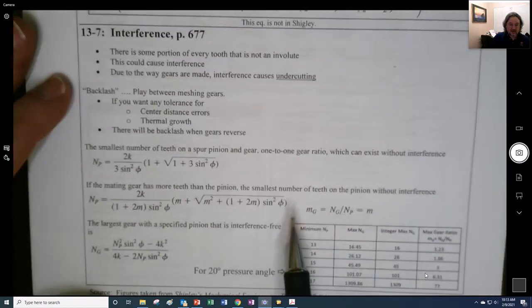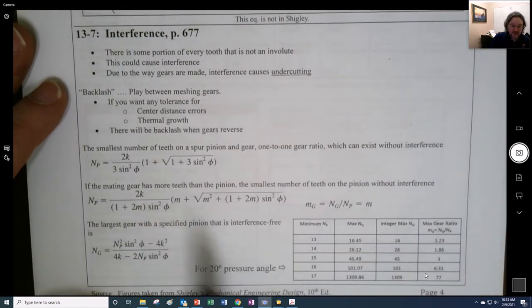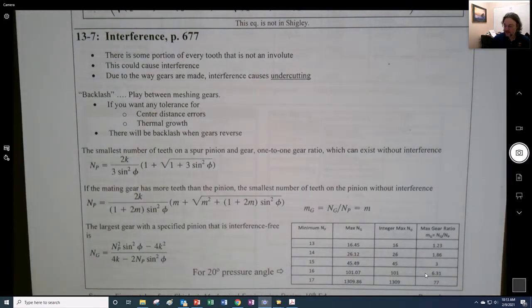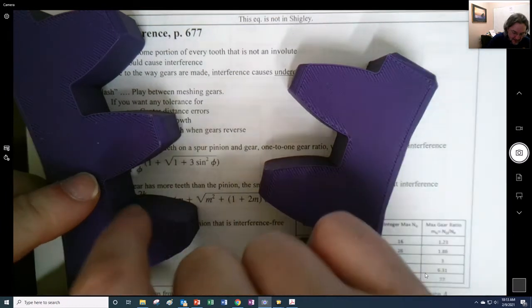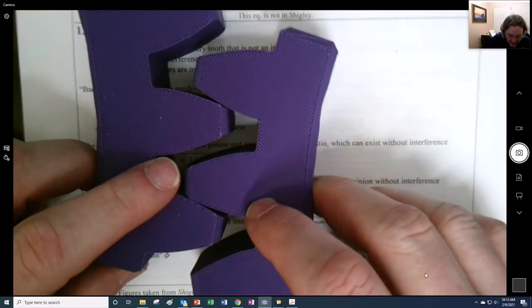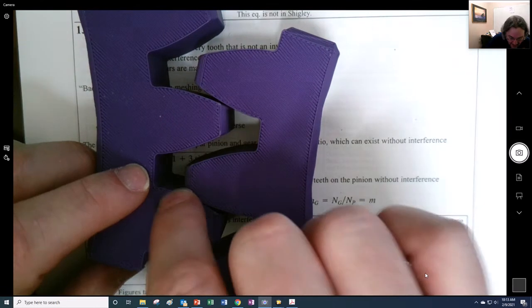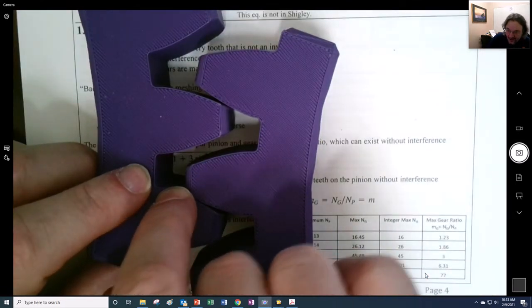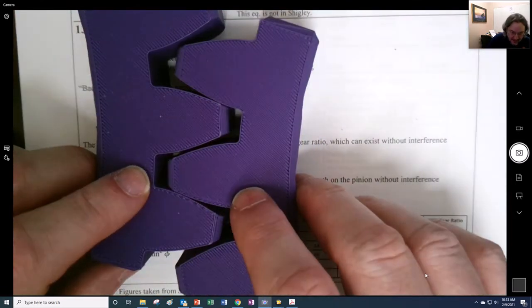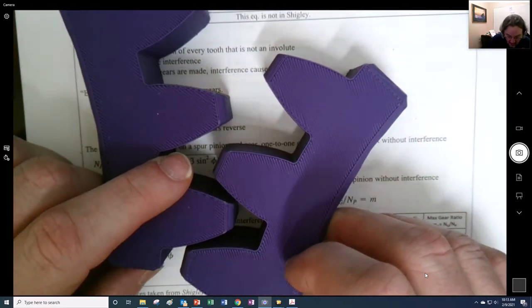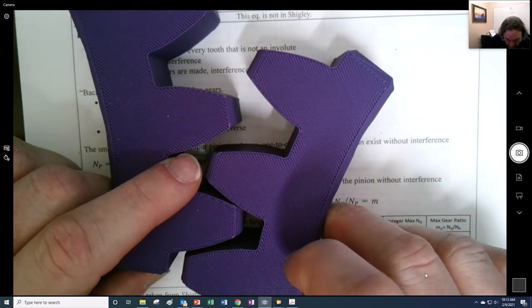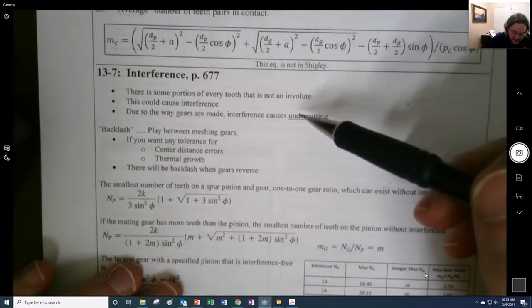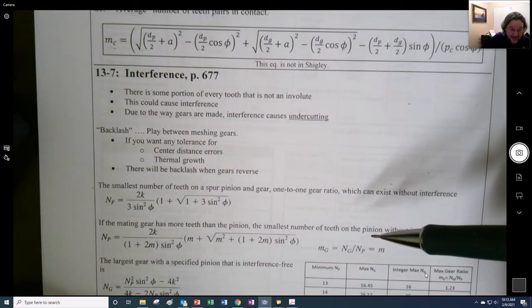Now, similarly important here is interference. Interference occurs when this tooth right here presses up onto the mating gear, down here in the root. Interference can be thought of as a consequence of the number of teeth engaged.